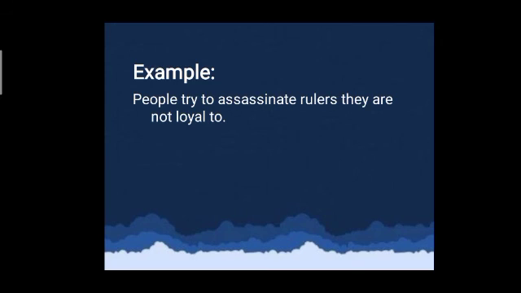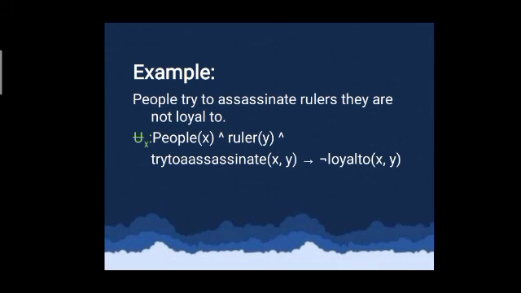So for all x, we store people in x, and ruler, we store ruler in y, and a predicate which is try to assassinate x comma y, because x try to assassinate y.